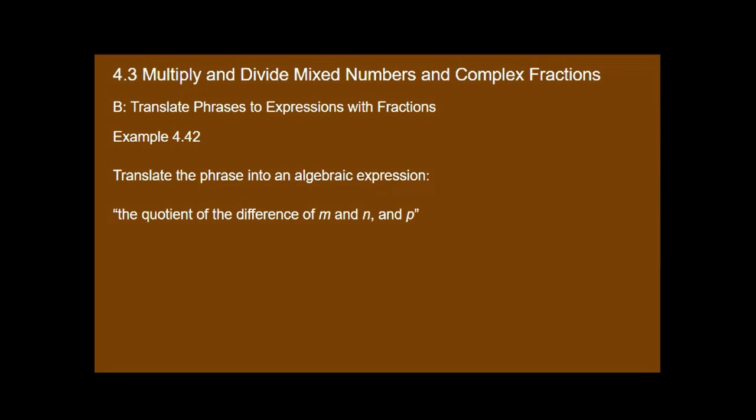Here's another example. This one gets a little more complicated because it has more pieces of information. We're still translating the phrase into an algebraic expression, but we have the quotient of the difference of m and n and p. So we have some extra steps in here. Instead of having two expressions, we have three different expressions.